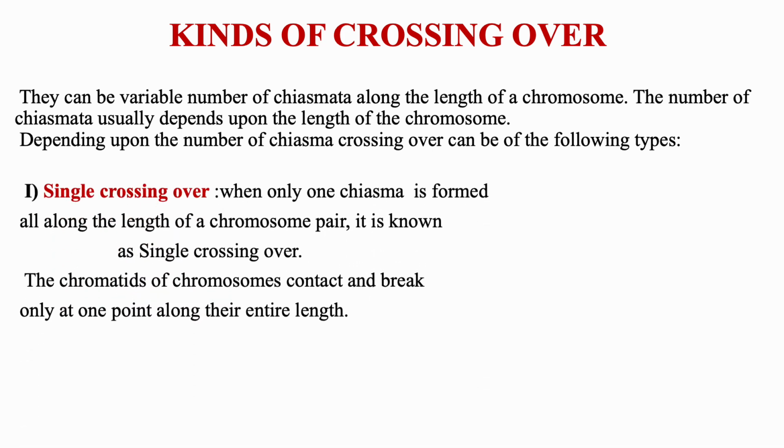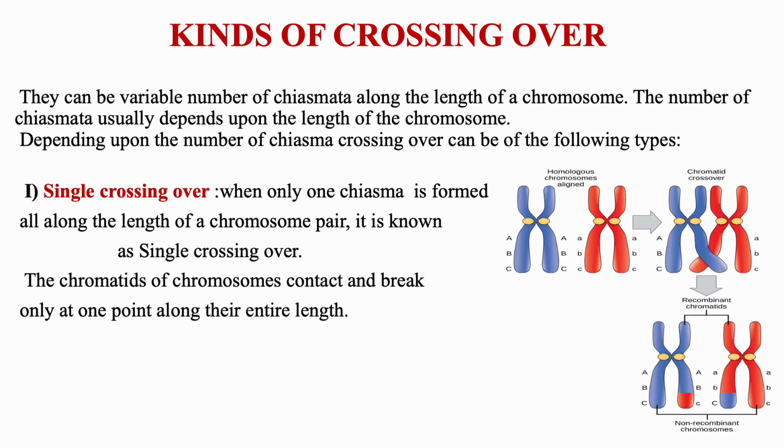The first one being the single crossing over, when only one chiasma is formed all along the length of a chromosome pair. It is known as single crossing over. The chromatids of chromosomes contact and break only at one point along their entire length, as seen in the depiction here.